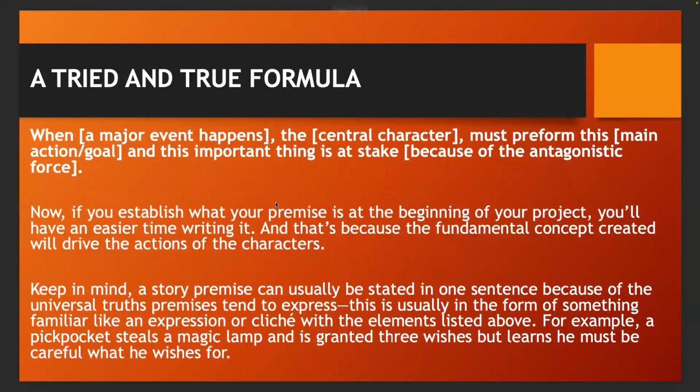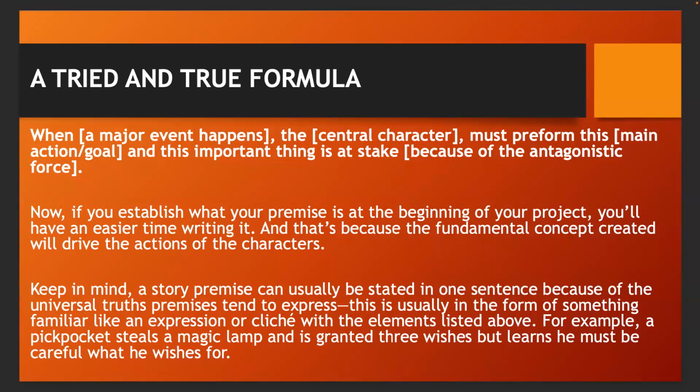I want to go back over this tried and true formula, and it's something that you want to ask yourself through each step of this process. Whether you are drafting a premise or you are working on drafting your extended concept into your synopsis, or even whenever you are working with your characters, you need to make sure that you know when that major event of your concept happens.